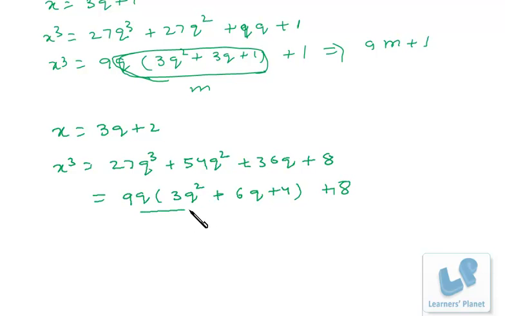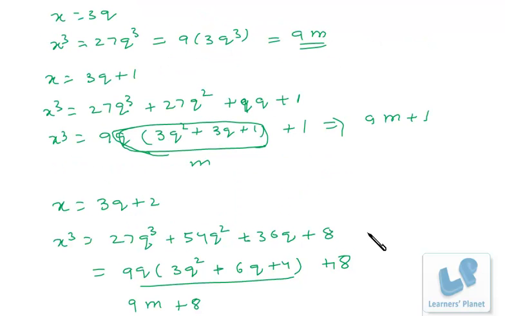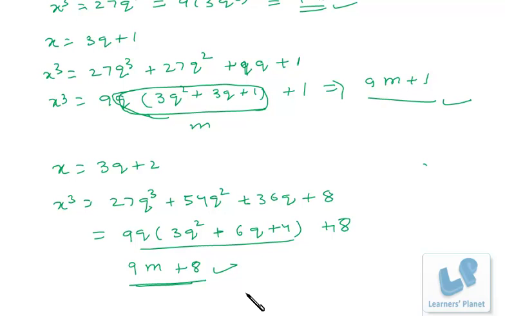Now this is further an integer, so I write it as m, so it's 9m plus 8. That means the cube is either of the form 9m plus 8, 9m plus 1, or 9m. So we have proved that. I hope you are clear. This is going to be really important, so just revise it two or three times, so you'll be more comfortable.